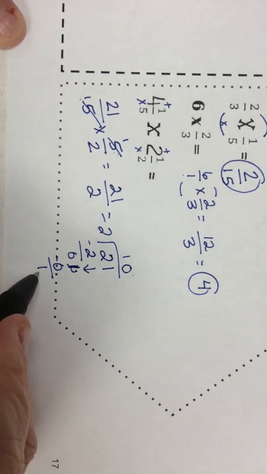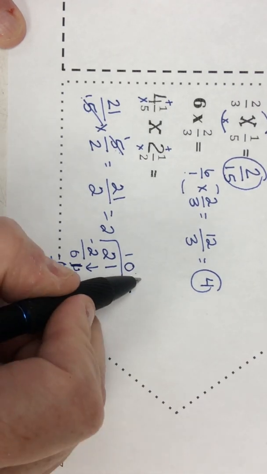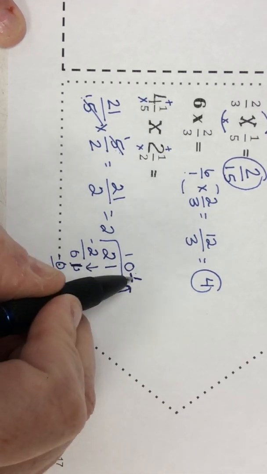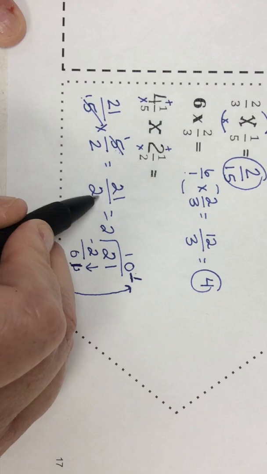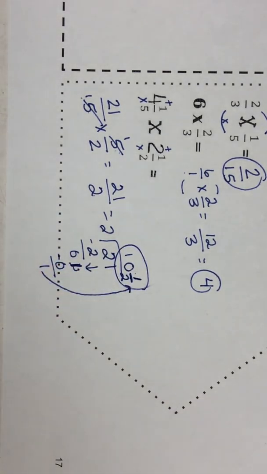That 1 is my remainder. I'm going to put it beside my whole number as the numerator, and my denominator stays the same. It's 10 and 1/2.